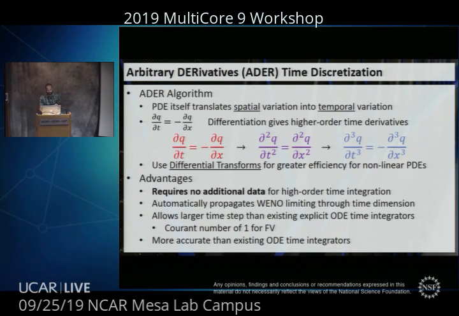It automatically propagates WENO limiting through the time dimension because your time derivatives are based on the spatial derivatives, which are themselves already limited. And it's more accurate than a lot of the existing ODE integrators. I haven't seen a Runge-Kutta algorithm that gives even near the same accuracy as ADER at the same time step and order of accuracy.